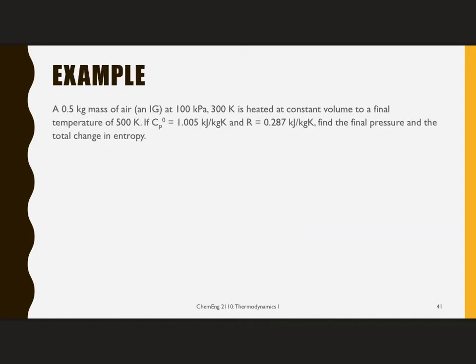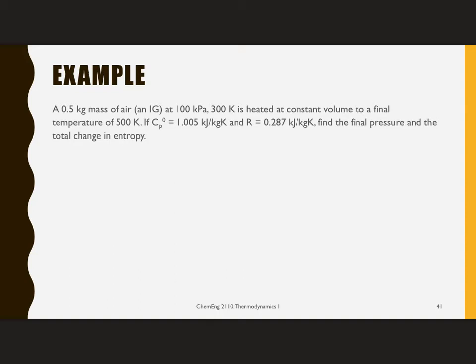Next, let's work an example. If we have half a kilogram of air, treating it as an ideal gas, at 100 kilopascals and 300 Kelvin, under these conditions, it's actually going to be very close to being an ideal gas. And it's being heated at constant volume to a final temperature of 500 Kelvin.